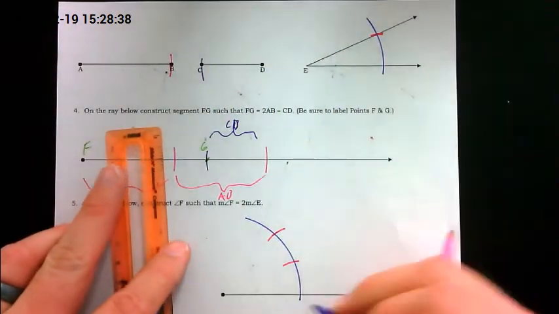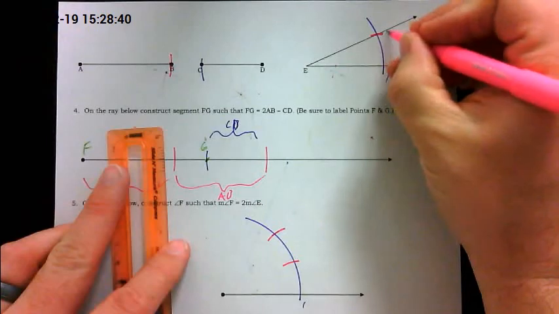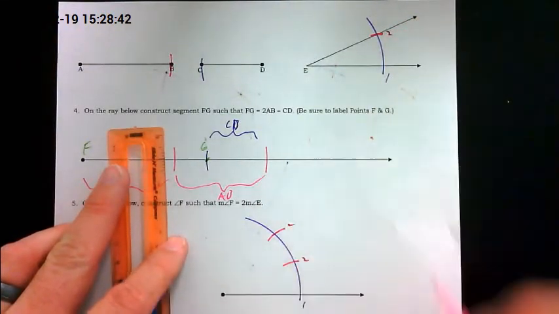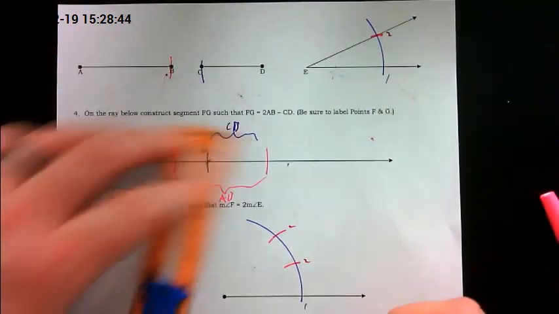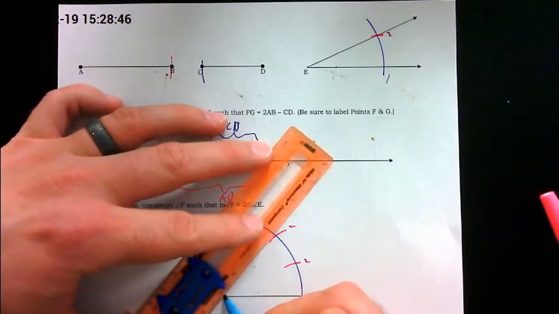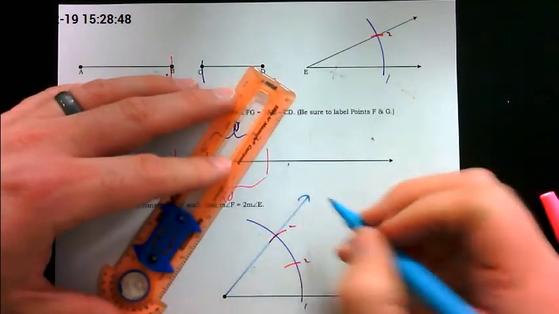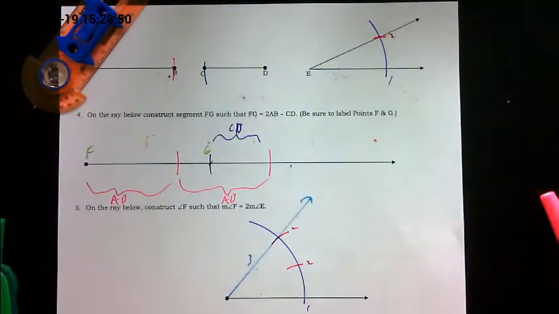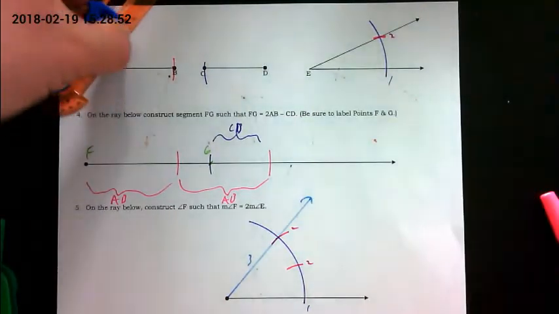So I call that step 1, and then I call both of these step 2, and finally draw your line, and that's it. That angle again is double the original.